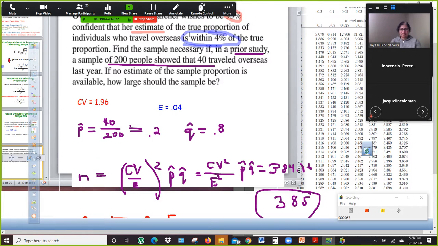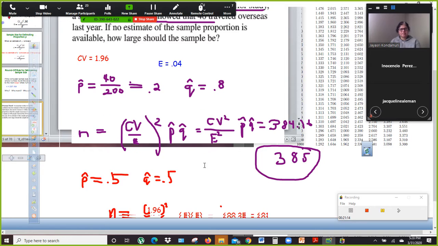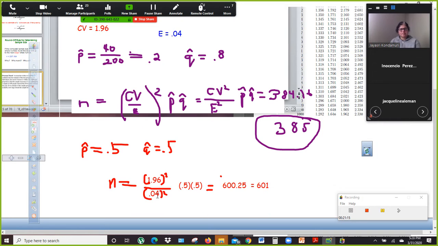So it says within 4%. My error is 4%, and 4% is written as 0.04. So that's the number that goes down here, 0.04, and it goes down here, 0.04 squared.